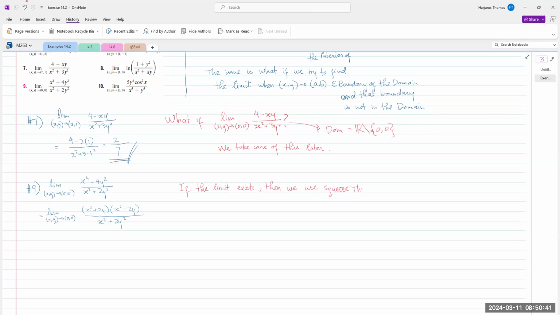Of course, this is not the only technique though. And I think I have found very rare cases where my squeeze theorem doesn't work, but still the limit exists.